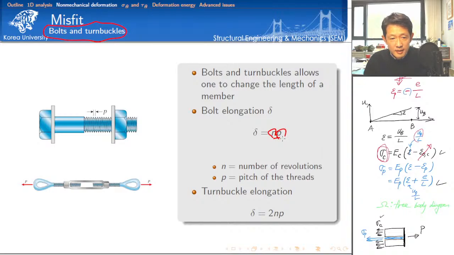What would be the sign? Is the strain caused by the bolt revolution, the nut revolution, positive or negative? Make sure that if you increase the revolution of the nut, then the bolt length decreases. But we're going to fasten the bolt to the reference member.